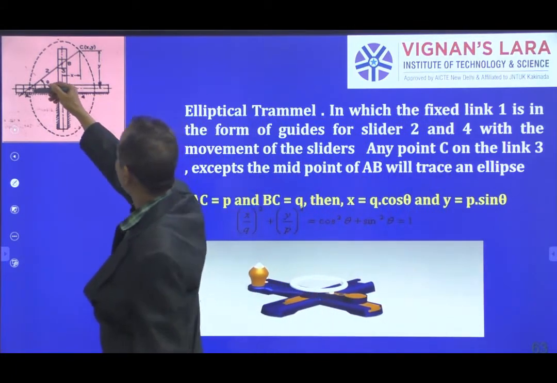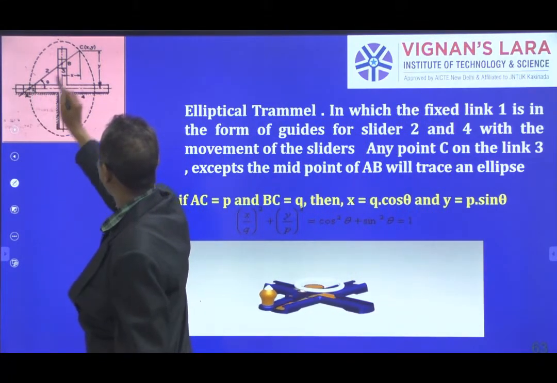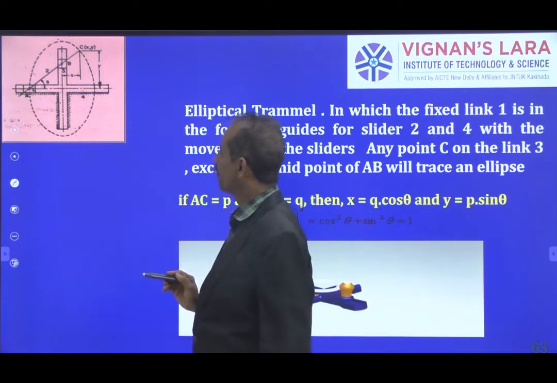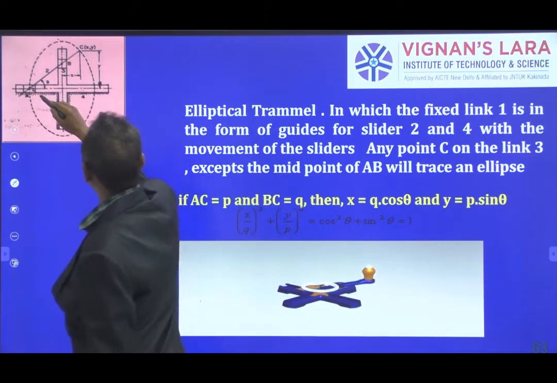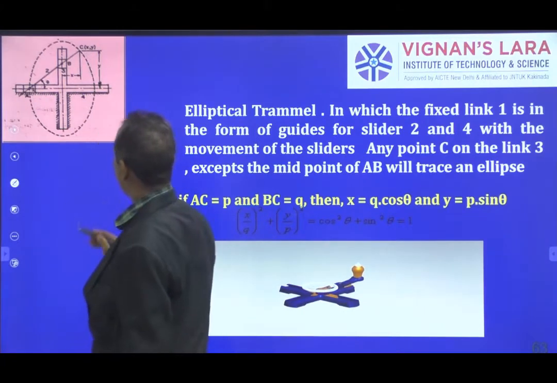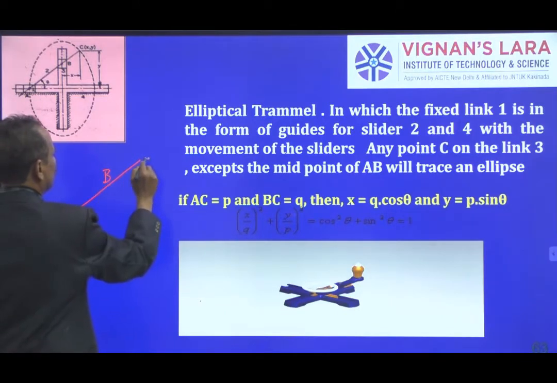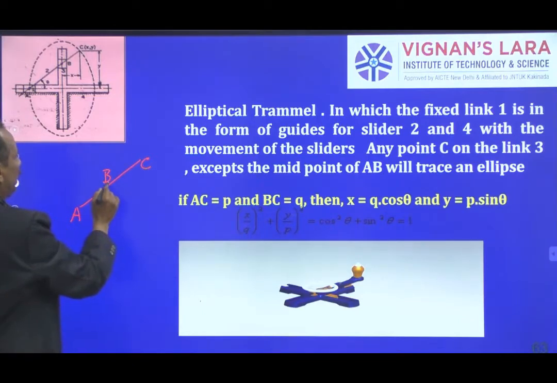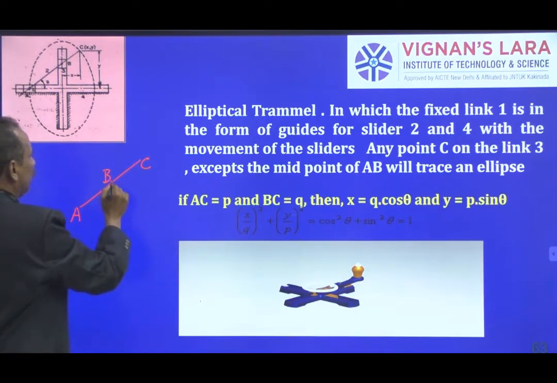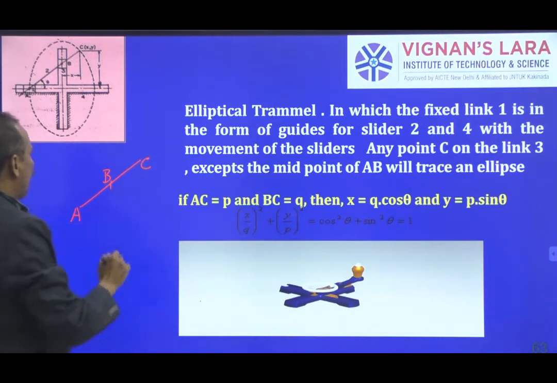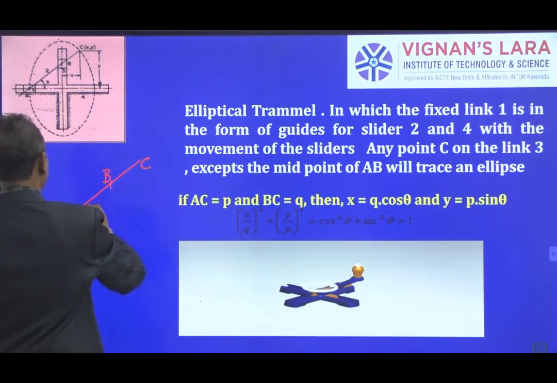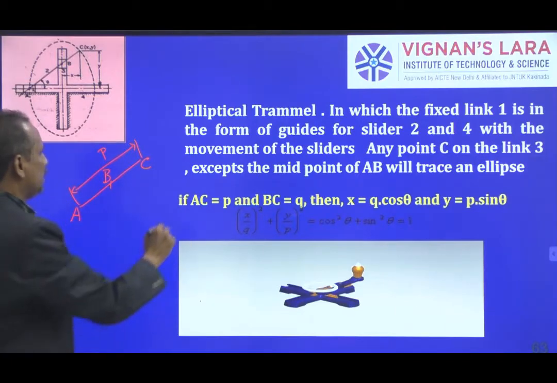Two sliders are kept, one is slider A and another is slider B, and I have taken the extension of this AB like A, B, C. There are 3 points I have taken. I have called AC as P, and BC as Q.